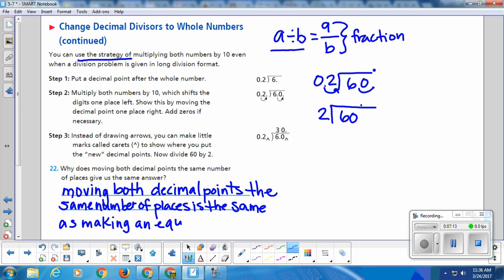Yes. If you do something to the divisor, you've got to do it to the dividend. Whatever you're doing to the divisor, you got to do to the dividend. So moving your decimal places in both places, you're essentially making an equivalent fraction.